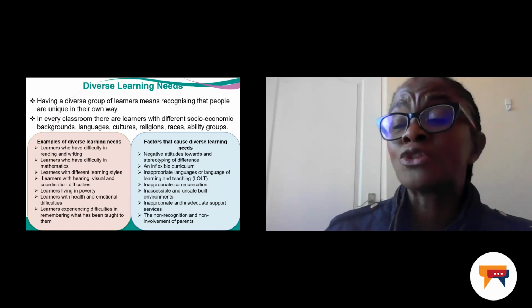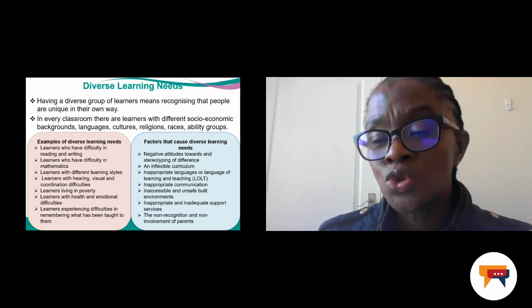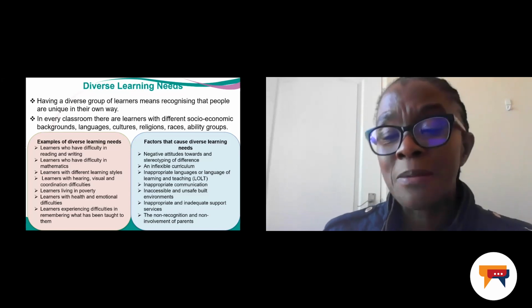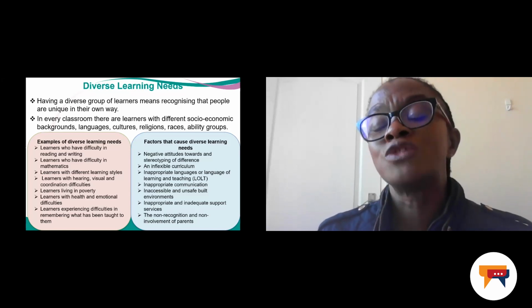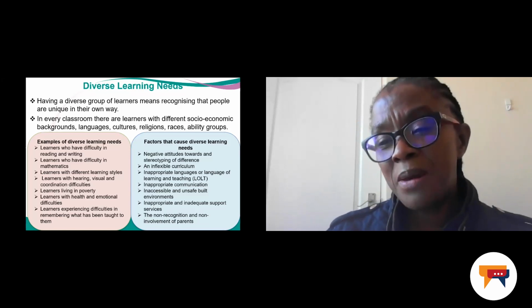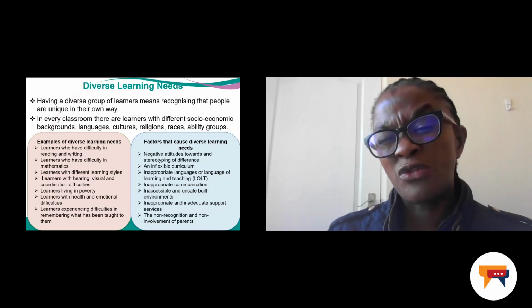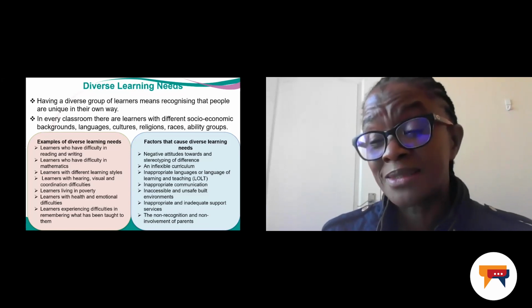And then factors that cause barriers to learning: negative attitude towards and stereotyping of differences. Most people I know have an attitude, especially in terms of implementing inclusive practices in their classroom.